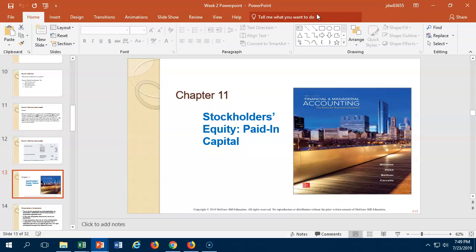Now, if your company is organized as a partnership or a sole proprietor, I still like that word, contribution. The only difference is you're not getting a stock certificate. In a partnership, you have equity contributions.